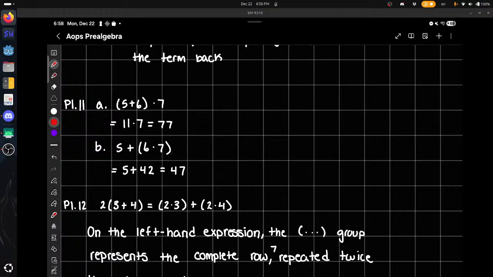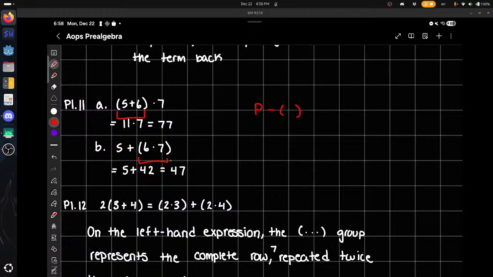So for A, we have to add the numbers first because they're in parentheses. That's the first letter in PEMDAS. So that's parentheses, do that. And then once we have the result from that addition, we can then multiply it by 7, which gives us 77.